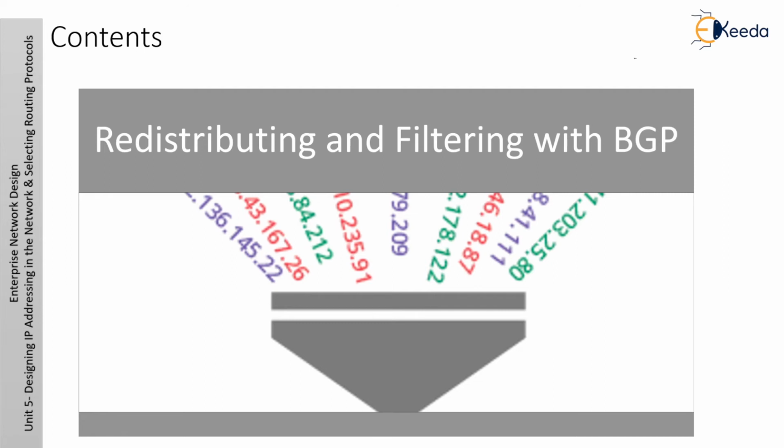If IGP routes are redistributed into BGP, make sure that only local routes, those that originate within the autonomous system, are redistributed.